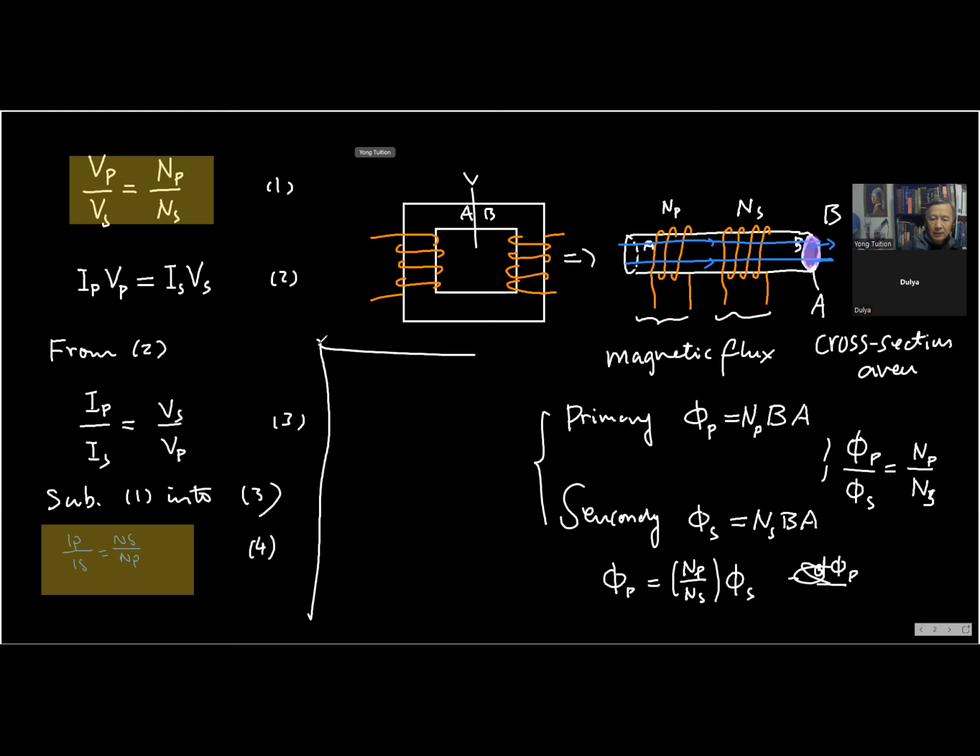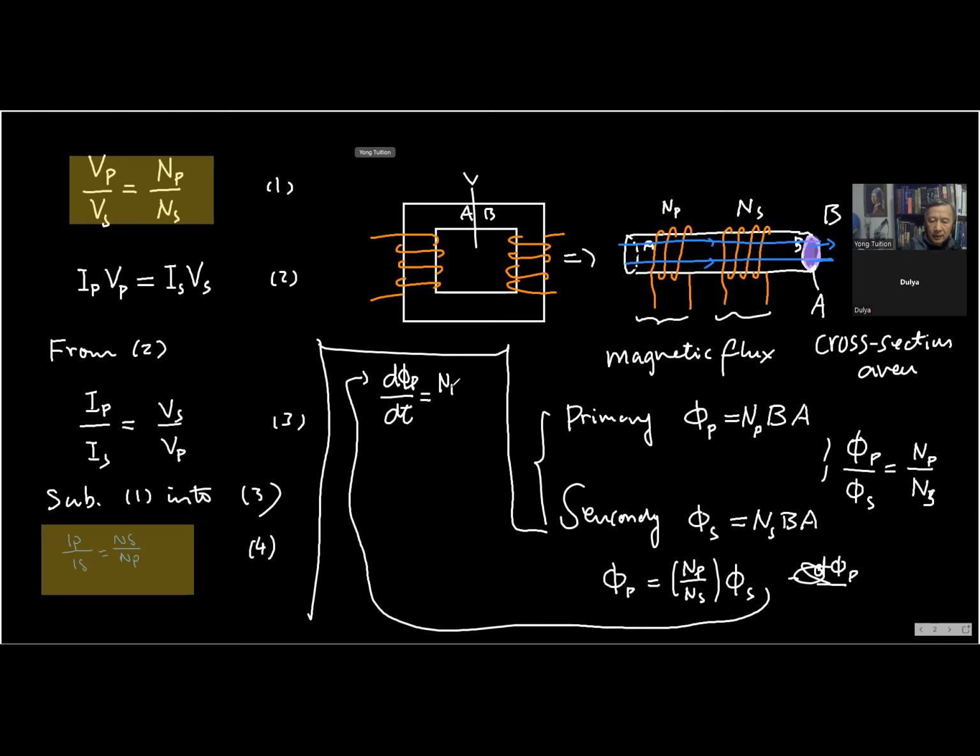If I just do the derivative, we get d phi primary divided by dt equal to the coefficient NP divided by NS, times d phi secondary dt.